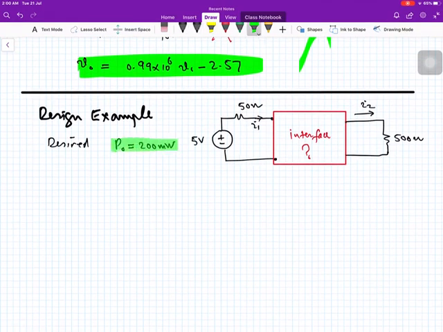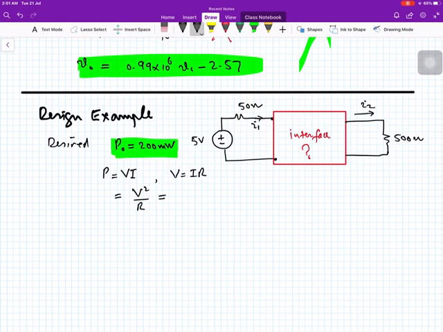Due to this information about the output power, you all know that power is equal to the product of voltage and current, as voltage is equal to IR, we can express the power as V square over R or I square R.